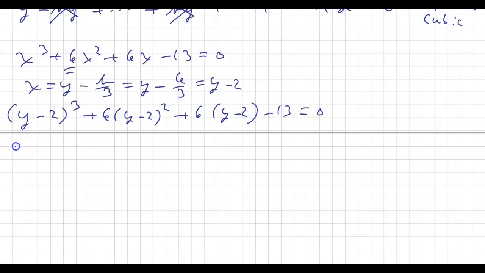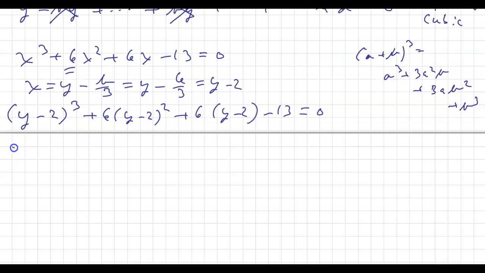Y minus 2 cubed, I'm going to just put on the side a reminder that a plus b cubed is a cubed plus 3a squared b plus 3ab squared plus b cubed.